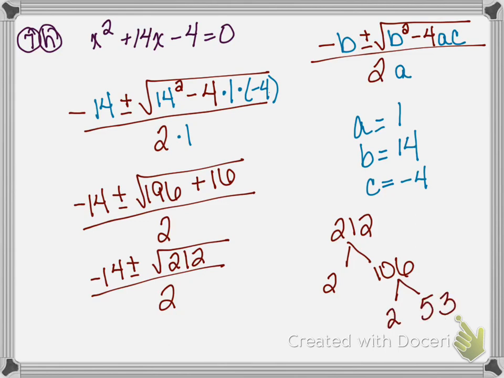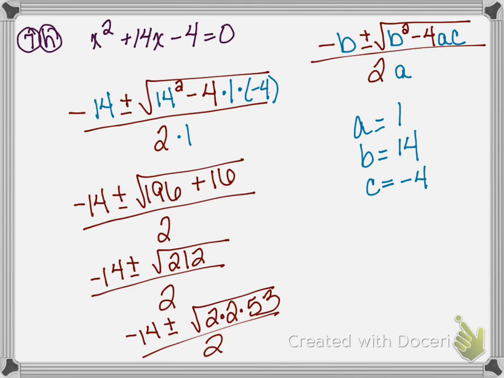Okay. So it looks like I have another one that I need to check on our answer sheet. So we got another one we're going to check. So here we go. So I've got -14 plus or minus the square root of 2 times 2 times 53 all over 2.